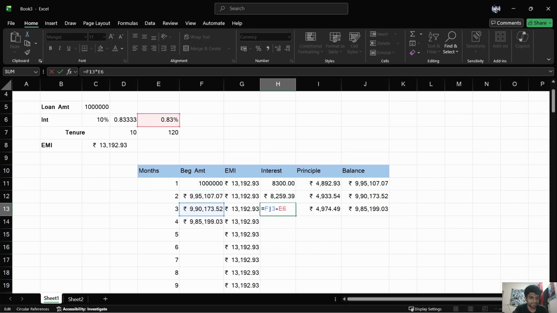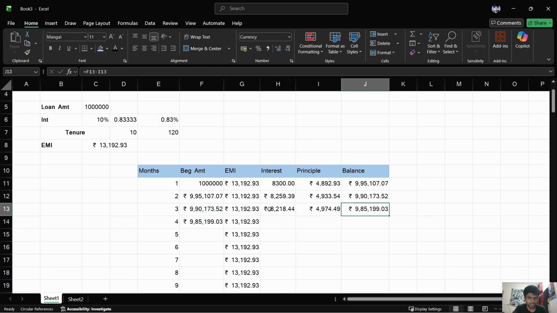Here we are not locking anything because these are basic functions which can be dragged down easily. Here there is interest to be multiplied, that is why we have locked it.